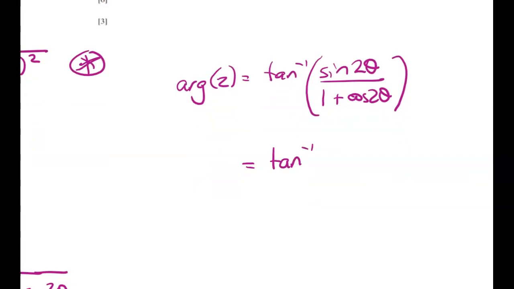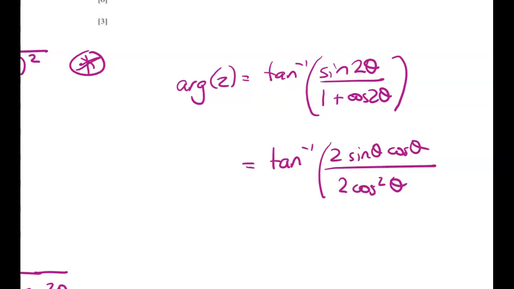And from the work we've already done, that's 2 sine theta cos theta, and the denominator simplifies to give me 2 cos squared theta. And that's going to be tan inverse of sine theta over cos theta.